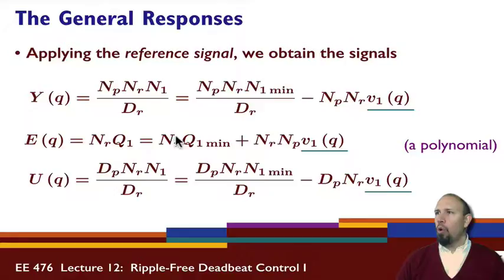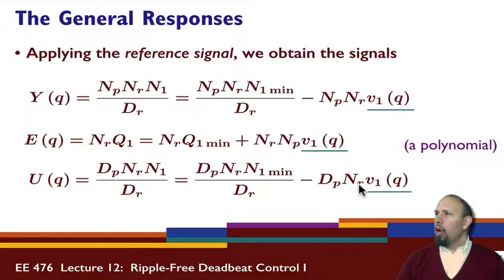So this is the minimum order response, and then this is the response that I can vary by appropriate choice of v1. Similarly, the control signal is written by this, and I can expand it out this way. This is my minimum order control solution, and then this can be varied by these terms here.